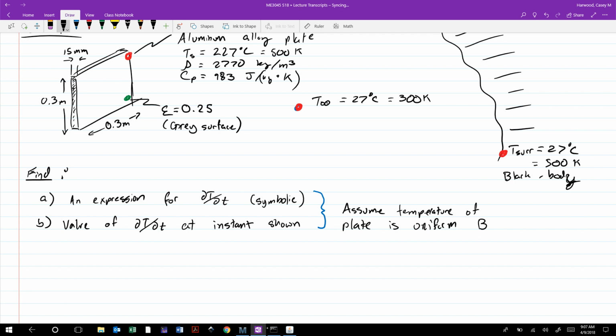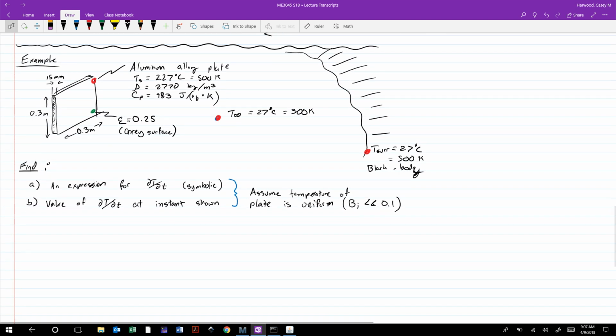In other words, that the Biot number is significantly smaller than 0.1, which means we could apply a lumped capacitance analysis. So this problem actually has a bunch of things rolled up into it. It's got radiation, it's got this new mechanism of natural convection, and we've got transient heat conduction, or transient heat transfer.